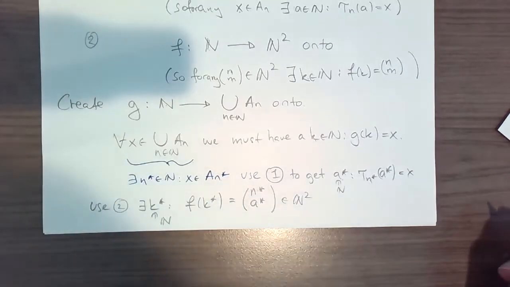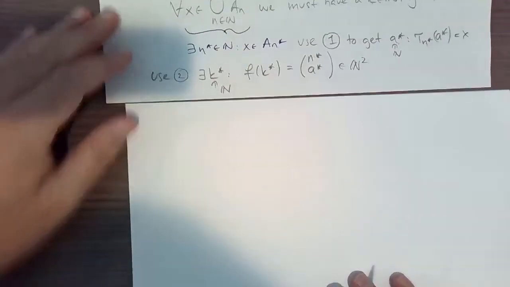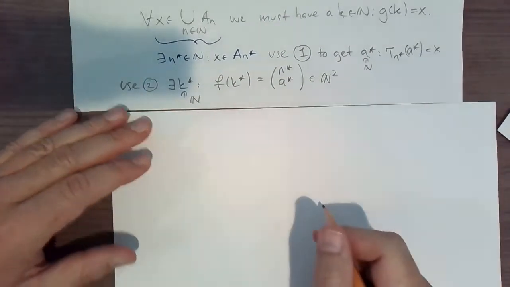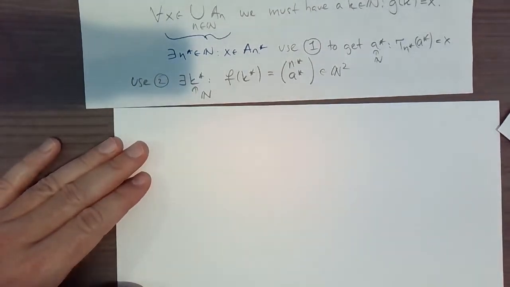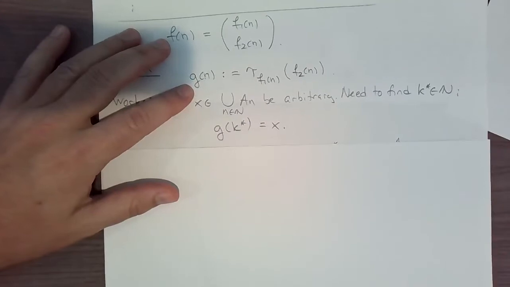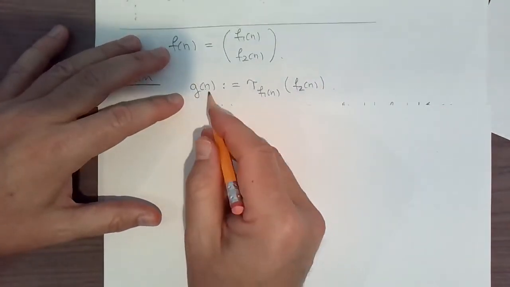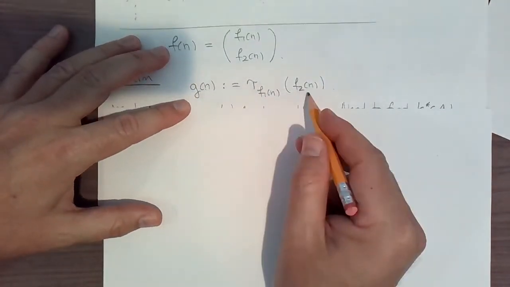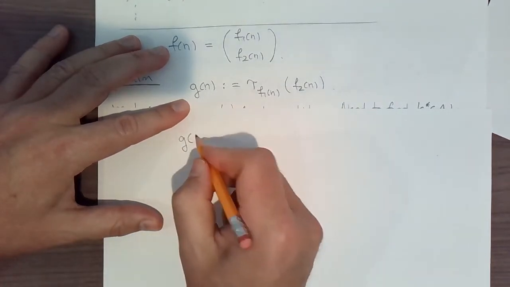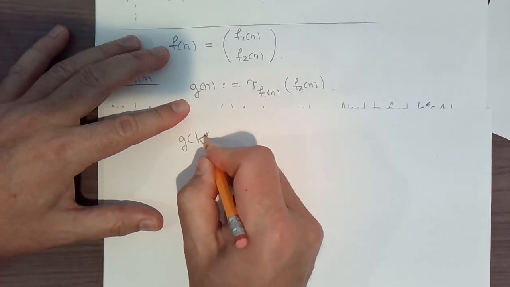So what should I call my function then? Well, what was our definition? What's the definition of G here? So I'll evaluate G at this point.